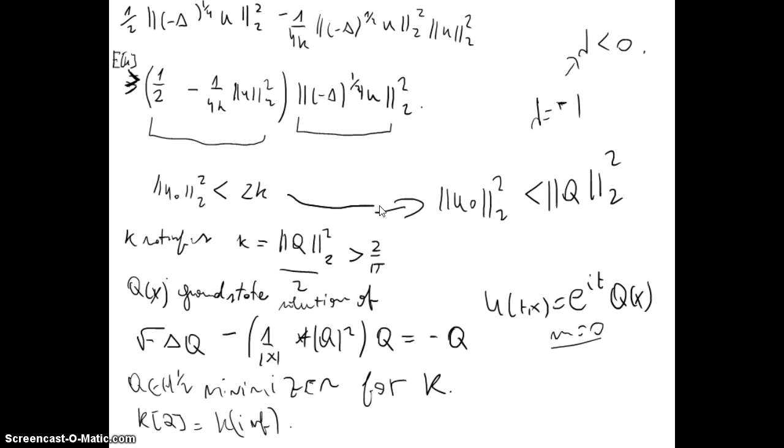So this is the condition that comes from here, because if k is equal to norm q squared L2 over 2, we insert it here, we will obtain this condition. So this is the proof for global existence in H^{1/2} of the relativistic Schrodinger equation, or Boson Stars equation.